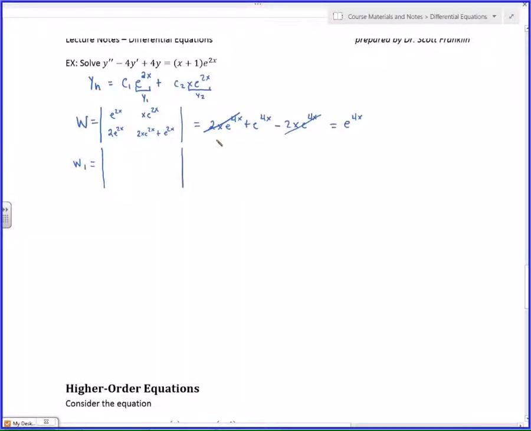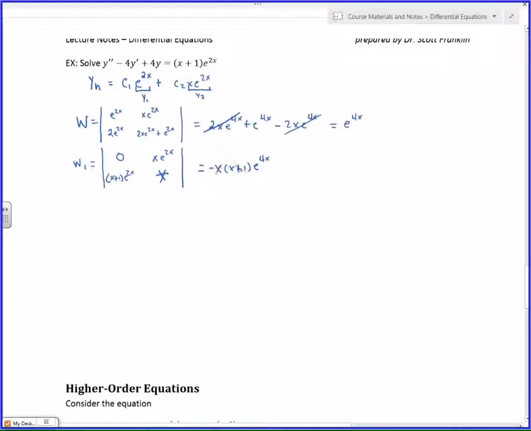Now W1. First column is 0, x plus 1 e to the 2x. It's 0 anyways. So x times x plus 1 e to the 4x.